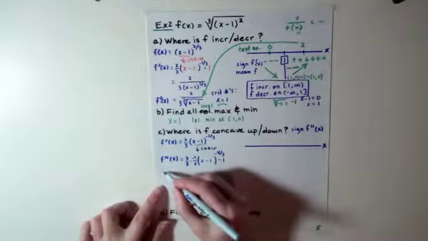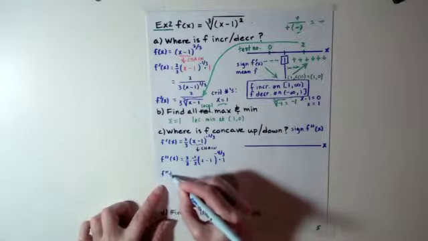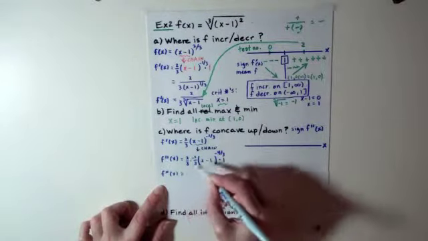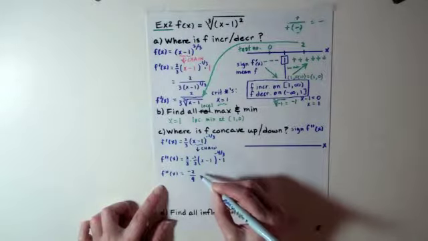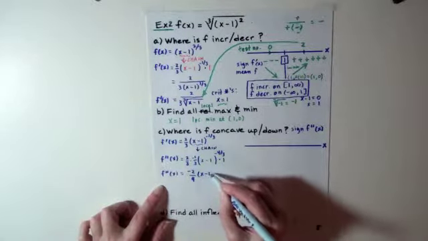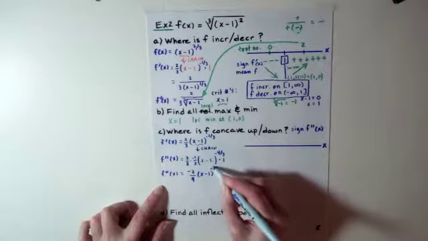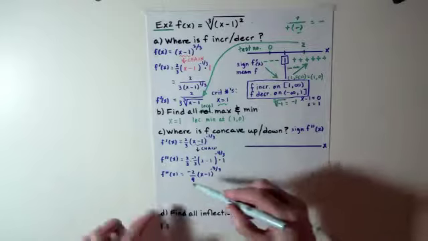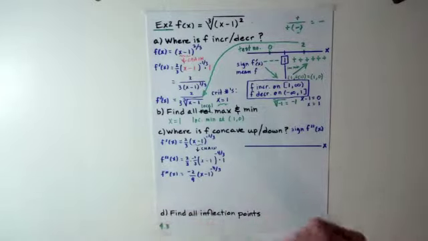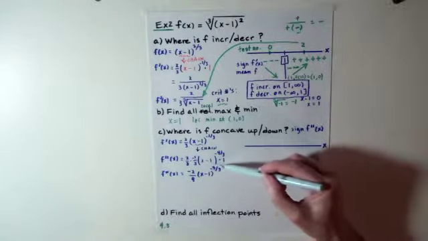Let me clean it up a little bit. F double prime of x would be, let's see, these would multiply to negative 2/9, (x minus 1) to the negative 4/3, excuse me.